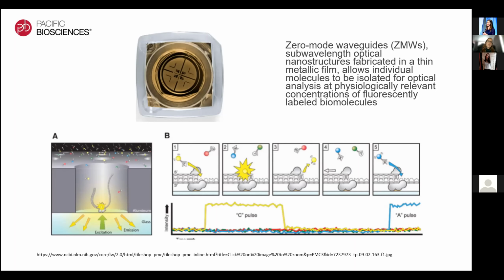Therefore, it allows selective excitation and identification of light emitted from nucleotides, and the base can be called. Then the next nucleotide binds to the template in the active site of the polymerase and initiates the next fluorescence pulse, which corresponds to the next base.